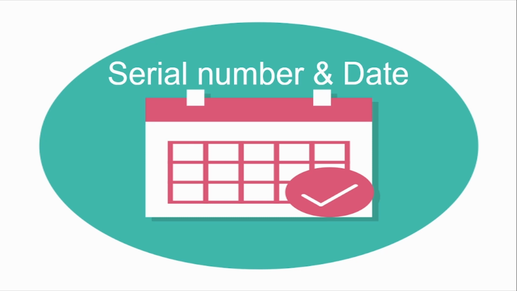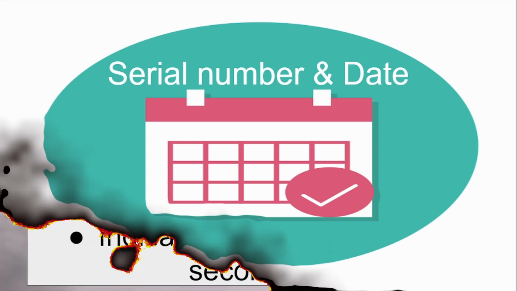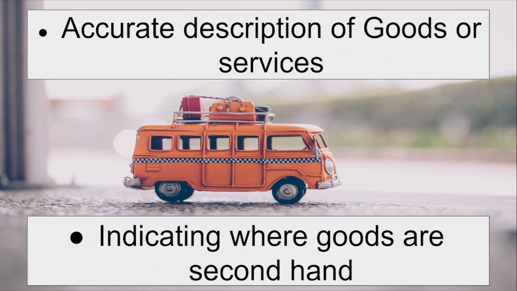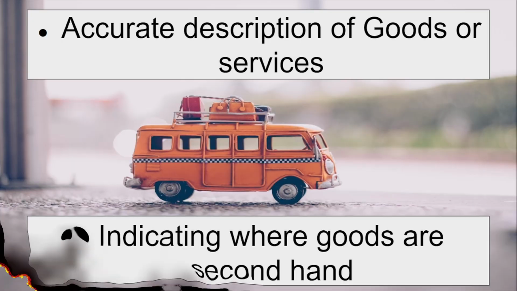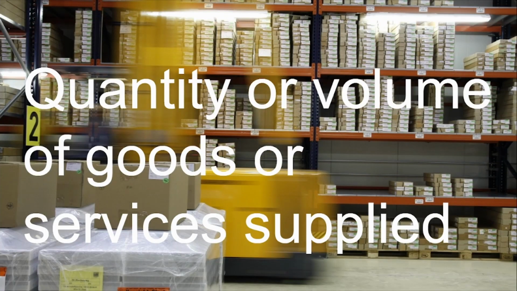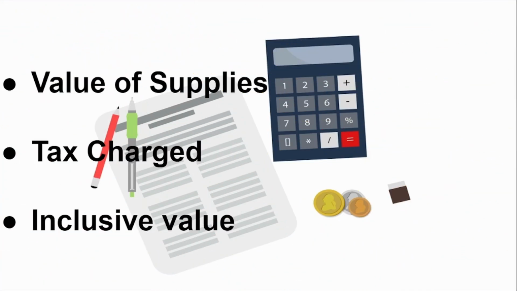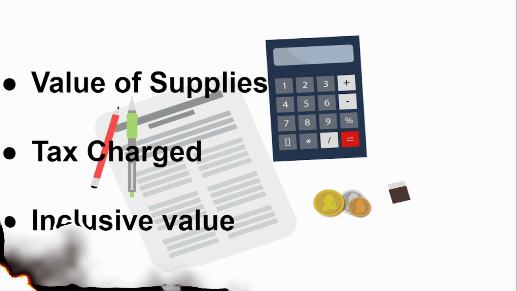It should contain a serial number and a date, an accurate description of the goods or services, indicating where the goods are second-hand, quantity or volume of goods or services supplied, the value of supplies, tax charged, and inclusive value.